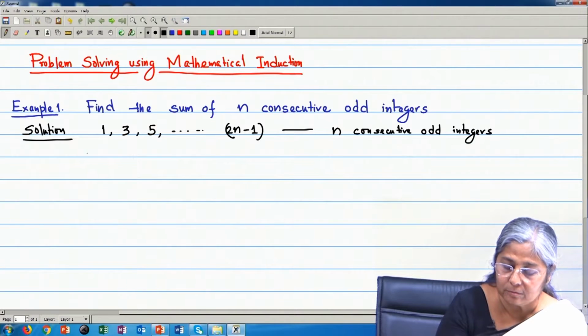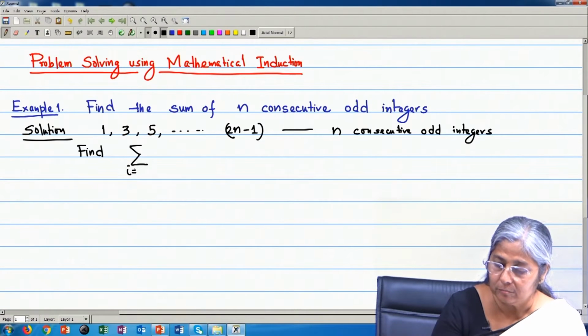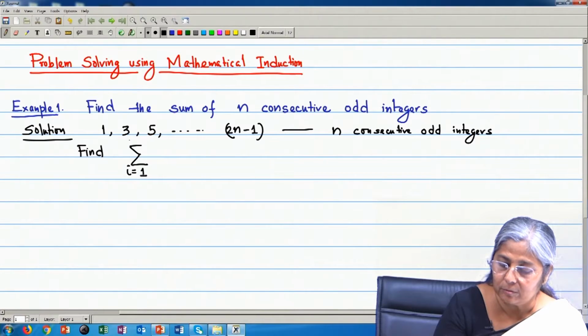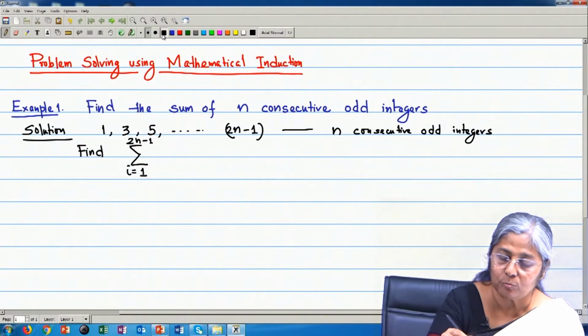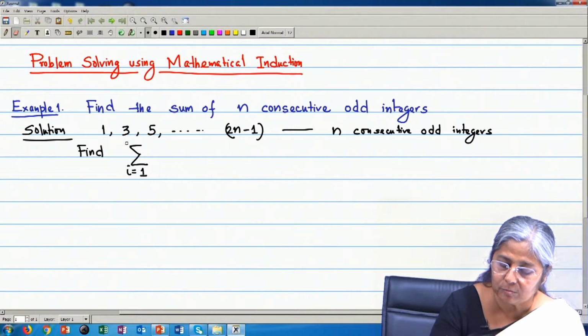And we have to find the sum, sum for i equal to 1 to n of 2i minus 1. I have to find this sum.